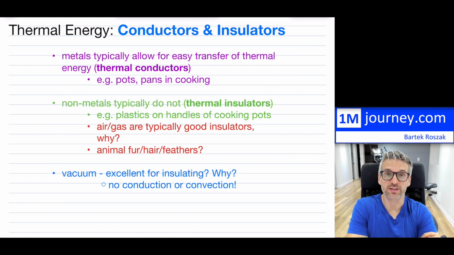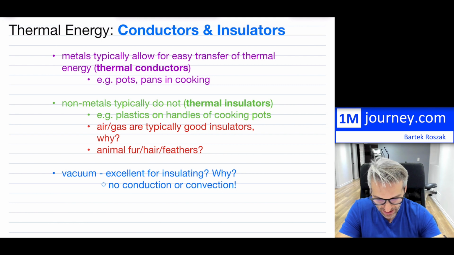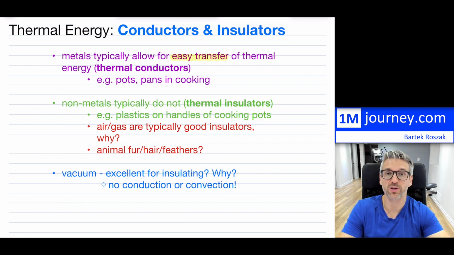With these thermal conductors, the main thing you should be aware of is the ease of transfer. That's the main idea: they allow for an easy transfer of thermal energy. Now, on the other hand, typically non-metals, though this doesn't mean they have to be non-metals, they can be any kind of substances, do not allow for an easy transfer of thermal energy.